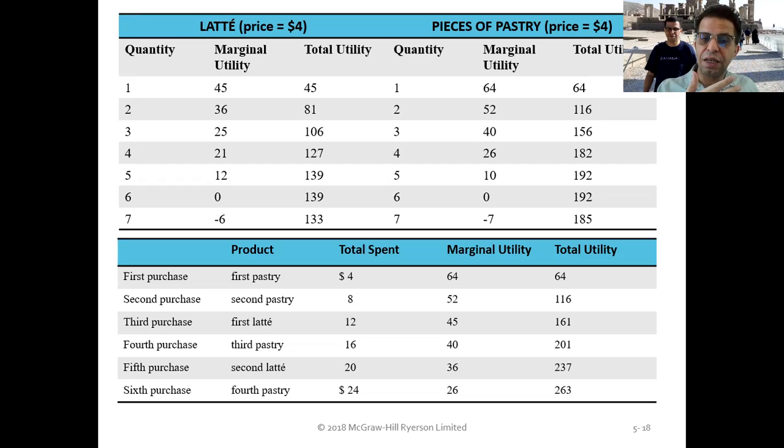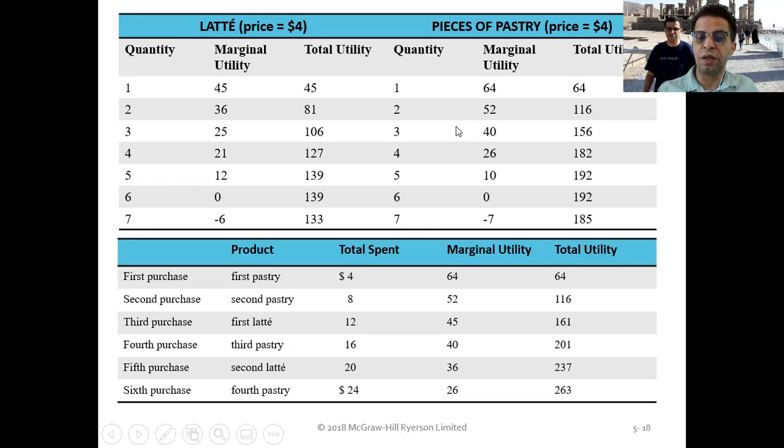Then which one do we want to buy after all these? We still have not bought the third unit of pastry, and we did not buy the second unit of latte. So we compare the marginal utility here: the pastry giving us 40, and the second latte giving us 36.